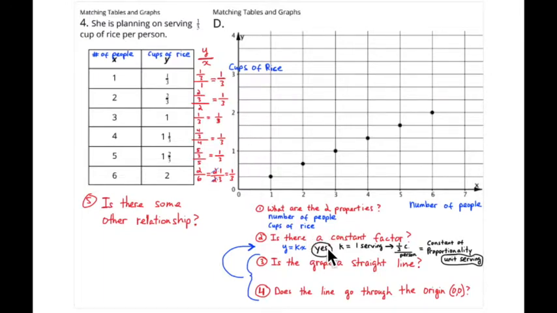And is there a constant factor? So divide y divided by x. And it's useful to change each of these thirds to an improper fraction. So if you read down them, it's y divided by x. It's always going to be 1/3, but this is 1/3 divided by 1. 2/3 divided by 2, so that makes sense that that's 1/3. You have two things, you divide it by 2, you're going to get one of those things.